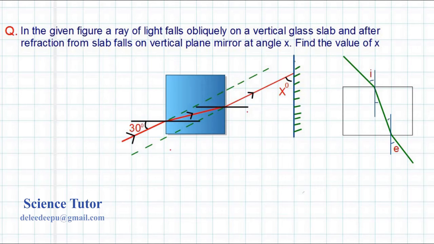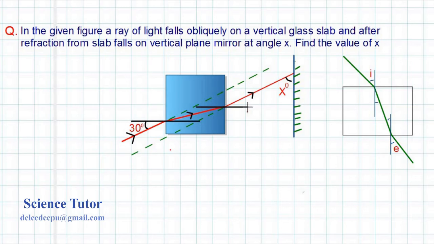That is I is equal to E. So you know that alternate interior angles, this angle and this, are same and these two lines are parallel. So angle I is also equal to final emergent ray, that is 30 degrees, and here these two angles are equal. So this is the basic of this problem, how to solve.